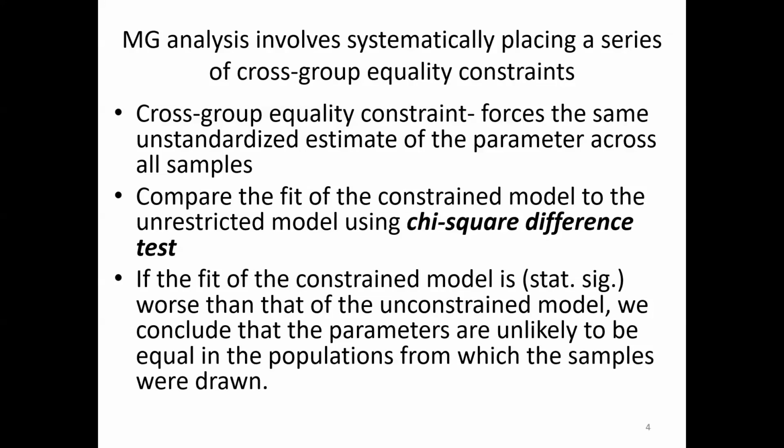Well, what do I do with a fixed factor variance strategy? I fix the mean of the latent variable to be 0 and the variance of the latent variable to be 1. Let's just think about the variance for a second. What would be the problem there?